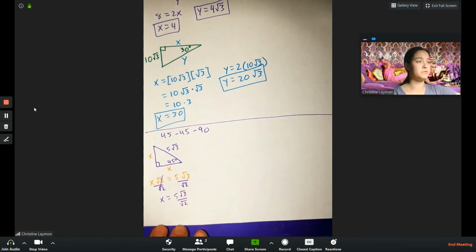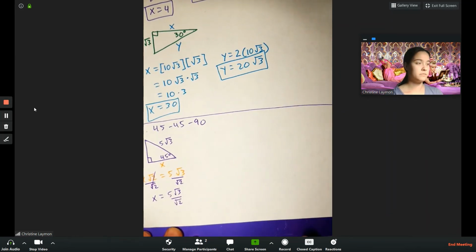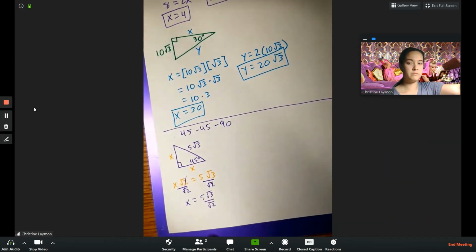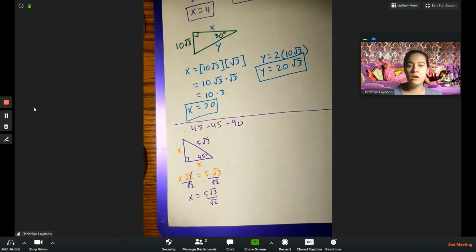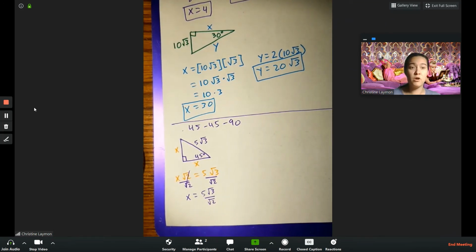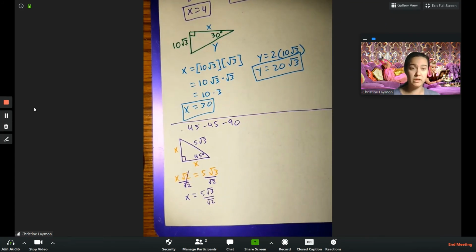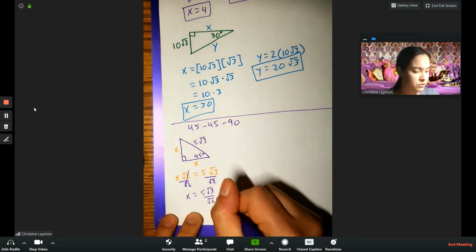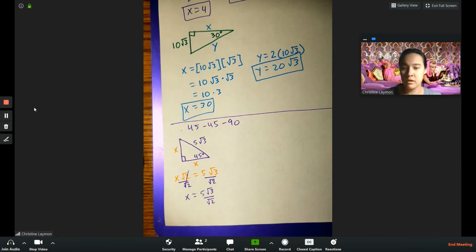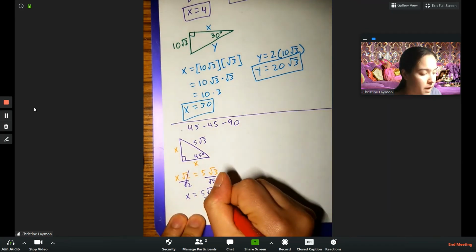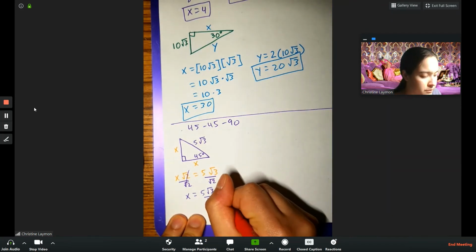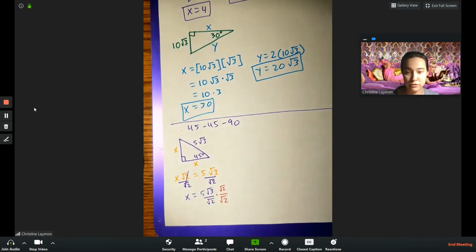Let me go ahead and try to zoom in here, and let's slide this over. There we go. When I rationalize, I do not care at all what's happening in the top. I'm going to multiply top and bottom by whatever radical was in the bottom. So let me switch colors here. Let's multiply top and bottom by radical 2 over radical 2.